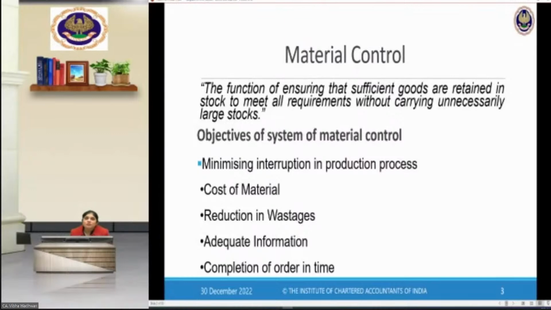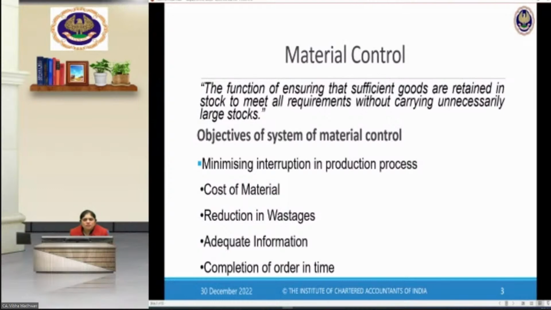Material basically constitutes a very significant portion of the total cost of a product, so material control is as important as any other function of cost accounting. It is the function of ensuring that sufficient goods are retained in stock to meet all requirements without carrying unnecessarily large stocks. The major challenge in material control is that we should always have sufficient stock.